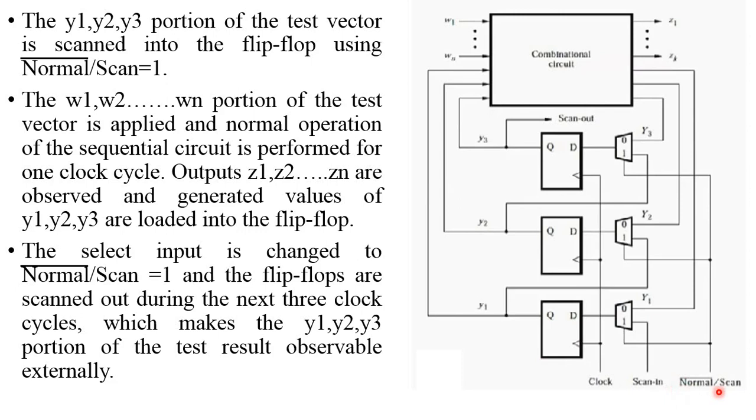But during normal operation, the combinational circuit generates y1, y2 and so on up to yk, and outputs z1, z2 to zn. Only in the normal method are the next values shifted to the present values.